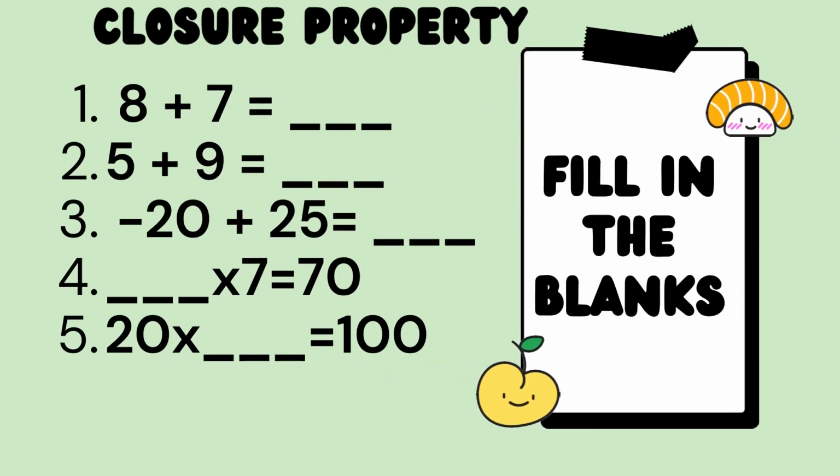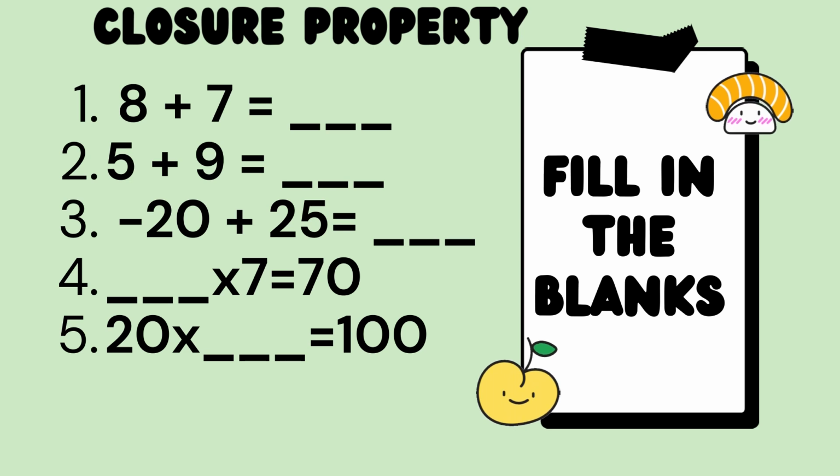So, take a look at the closure property. So, 8 plus 7 is equal to what? 5 plus 9 is equal to what? Negative 20 plus 25 is what? Integer. Blank, what is that integer that when you multiply to 7 becomes 70? So 20 times integer is equal to 100. Are you done?